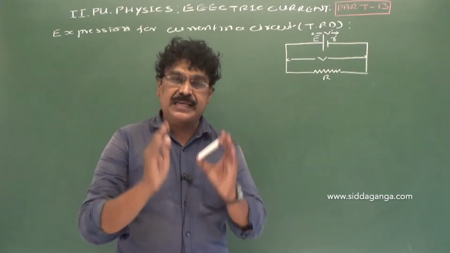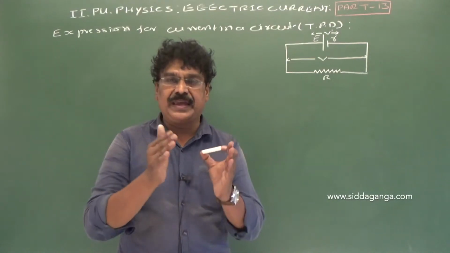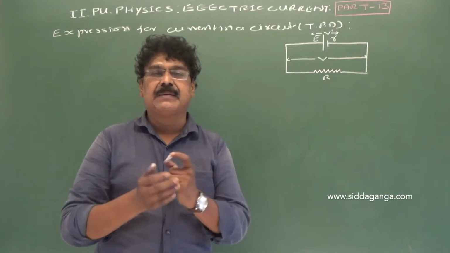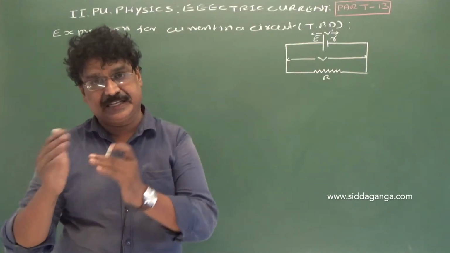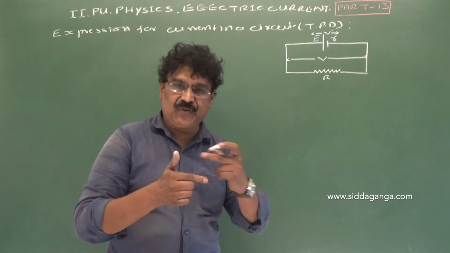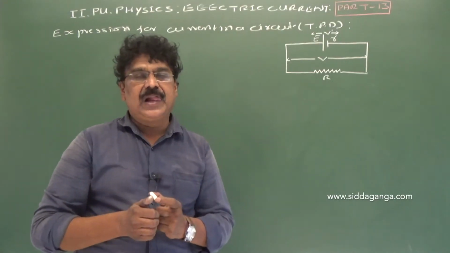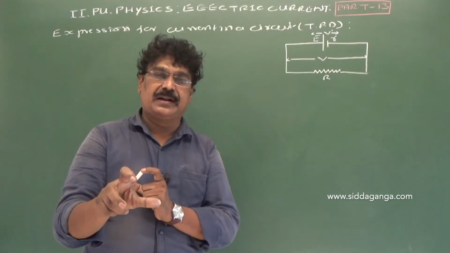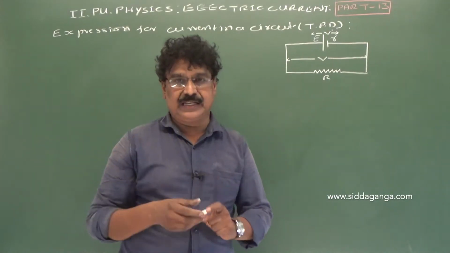At the same time, from Ohm's law, we have V is equal to IR. Whenever a current flows through a resistance, the potential difference across the resistance is equal to current into resistance.